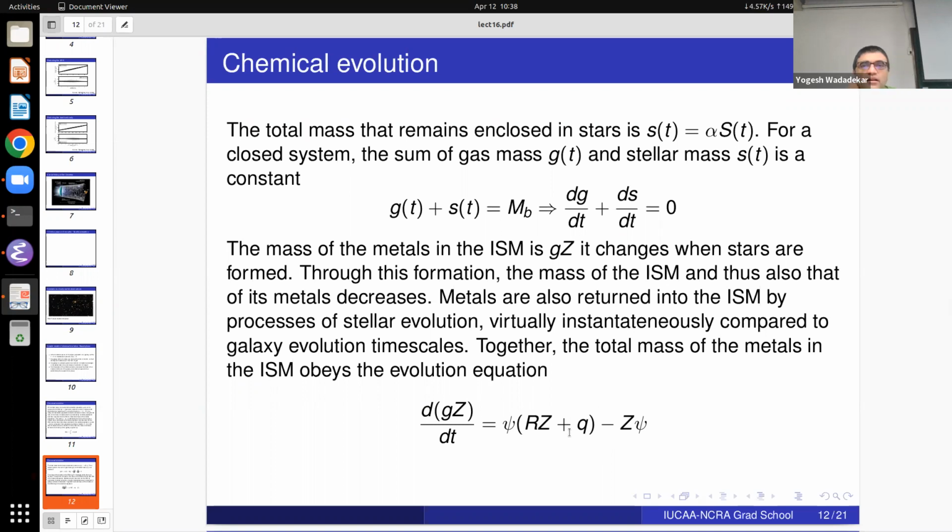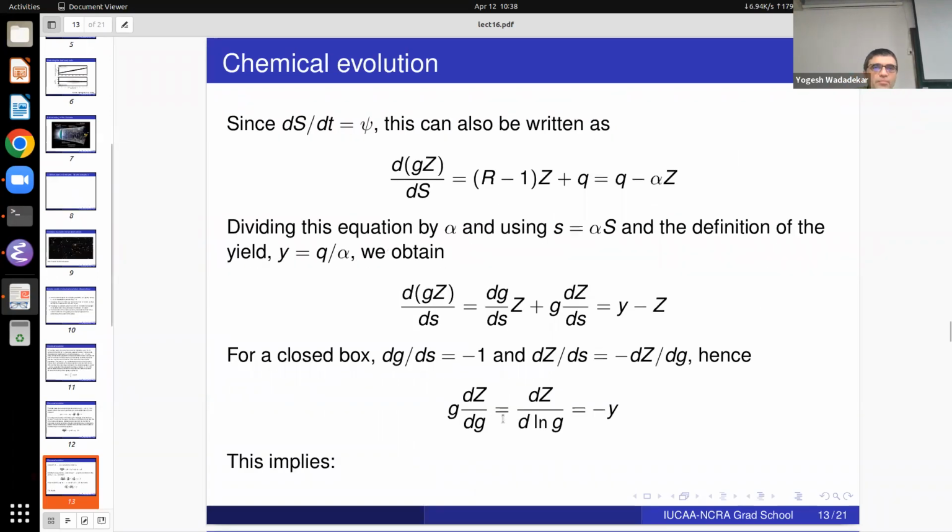Sorry, not the yield, the factor Q. Okay, and this is like a conservation equation. But ds by dt is just psi. So this equation can also be rewritten by replacing psi with ds by dt, and you can write it in this form.